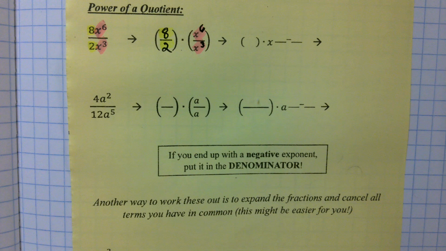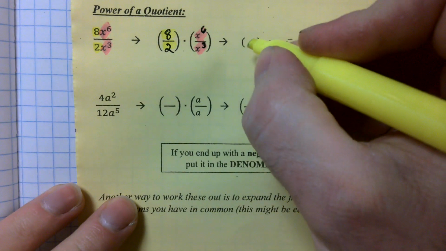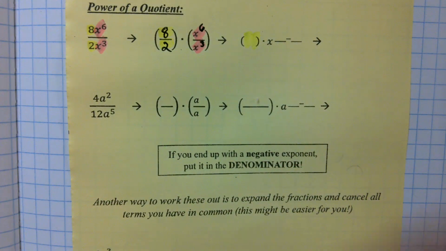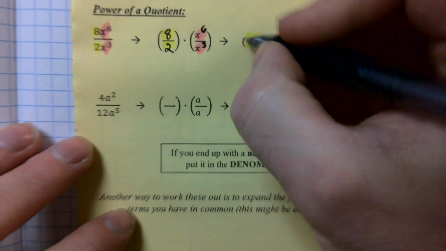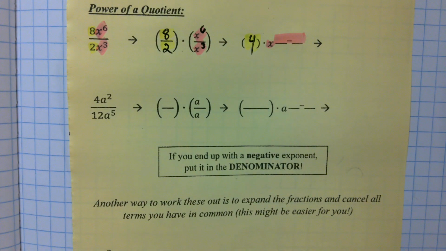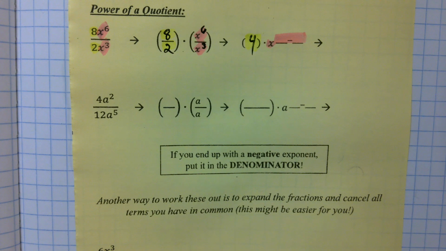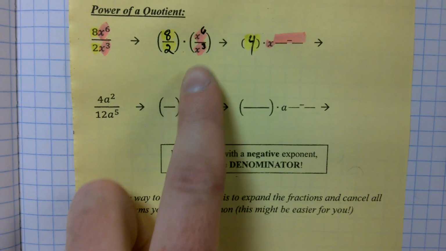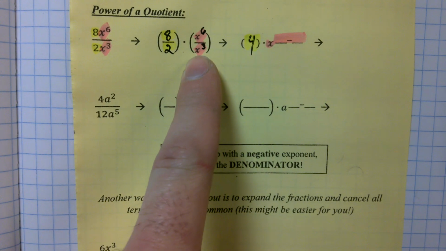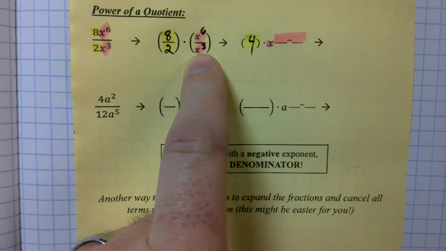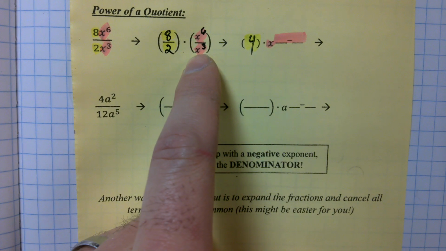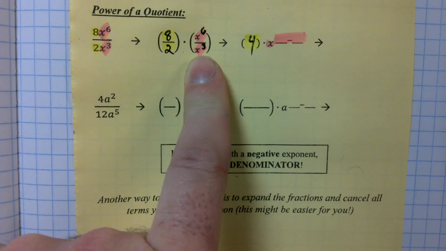Everybody with me so far? Yeah? Can I simplify 8 divided by 2 at all? Yeah, what is 8 divided by 2? 4. So my yellow fraction becomes 4. And when I'm dividing like bases like this, what did we learn that we need to do? I think it was on Monday we learned it. What do we do with those exponents? We're going to subtract them downward.